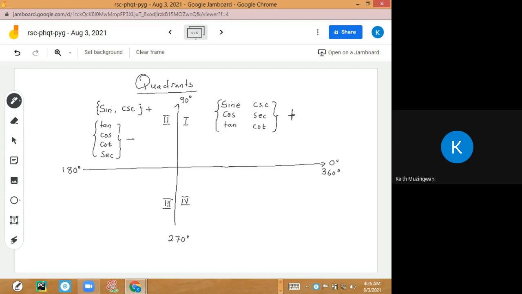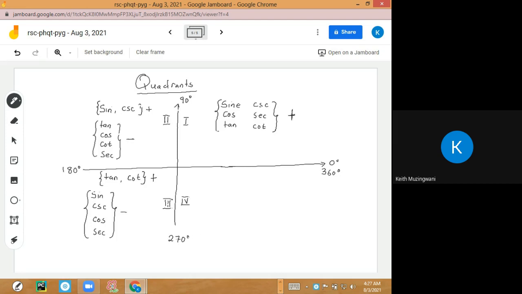You go in the third quadrant, you find that tan and cot are very relaxed here. The only thing they give you is a positive number. But if you try to go back to sine and cosec, thinking they'll still behave in the same way, sine and cosec will join cos and sec to give you negatives.